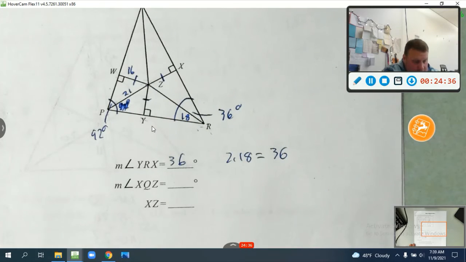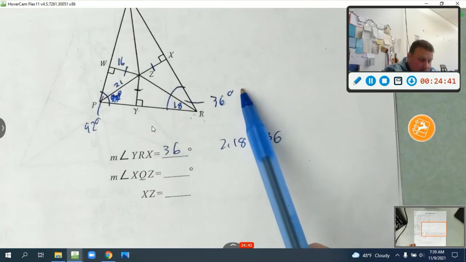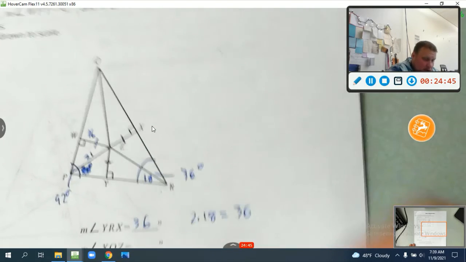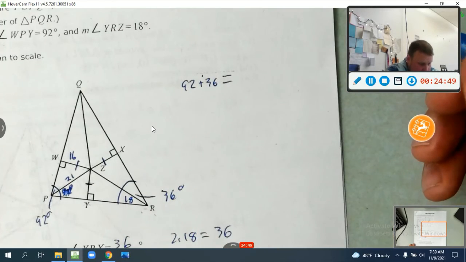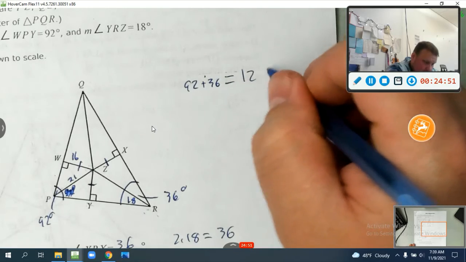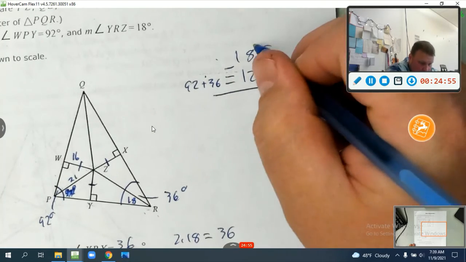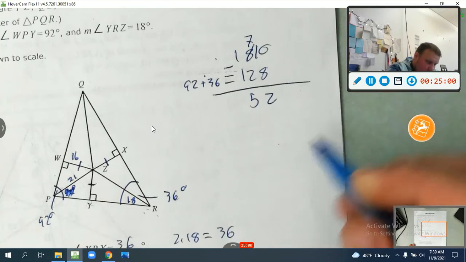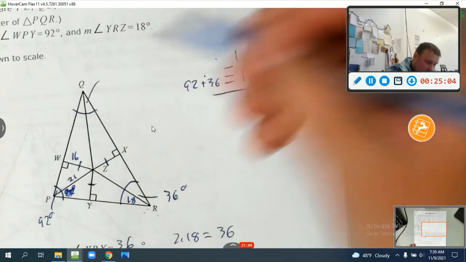Well, if I know this whole thing is 92 and this whole thing is 36, let's add those together. 92 plus 36 equals 128. Subtract that from 180. So I know that this entire angle is 52 degrees.